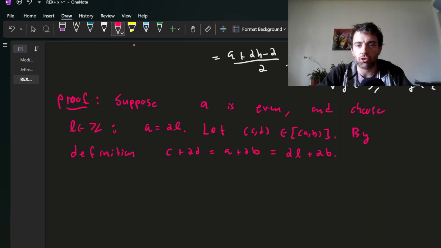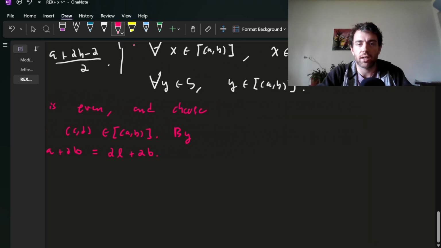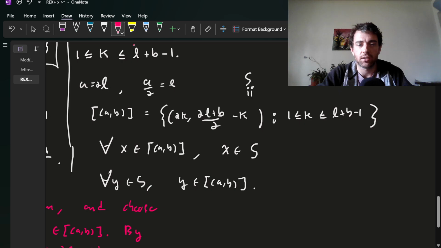Now, what are we trying to show, right? We're trying to show that the pair CD belongs to this set here, right? So what do I need to do in order to do that? Well, I need to convince you of two things.